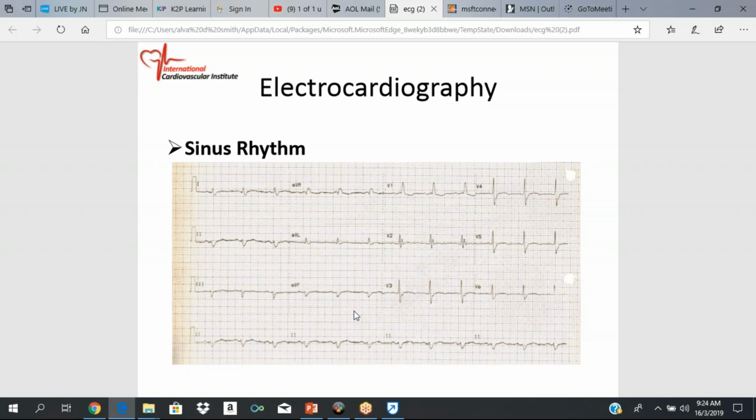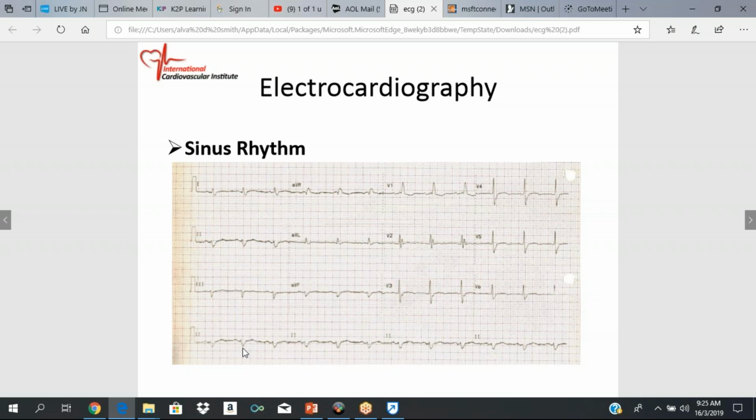Remember, the heart rate is 300 divided by the number of big blocks separating the RR interval. So we usually use the rhythm strip for that. This R wave falls right here, this R wave falls right there. The number of big blocks between the RR interval right here is 1, 2, 3, 4.